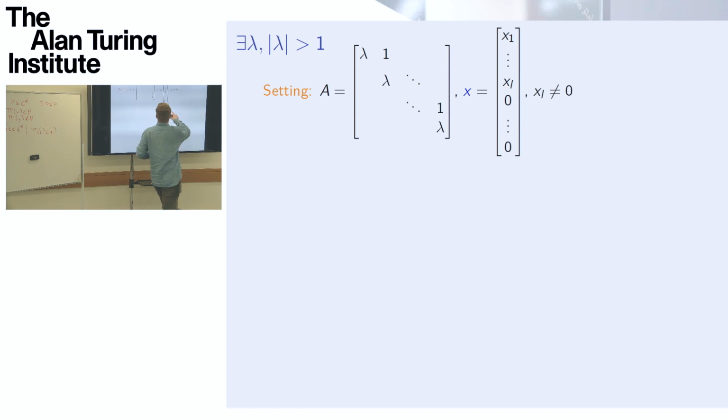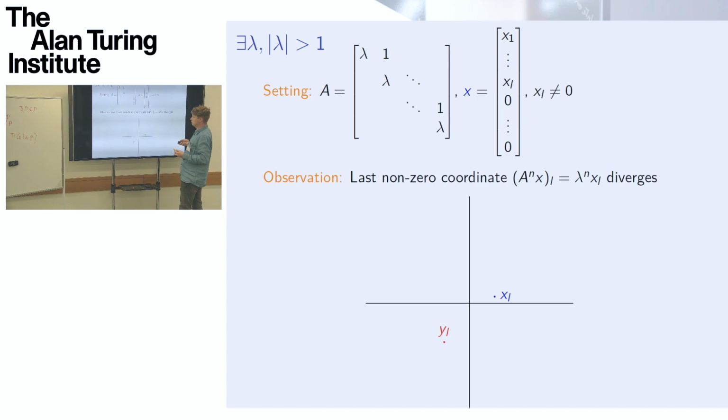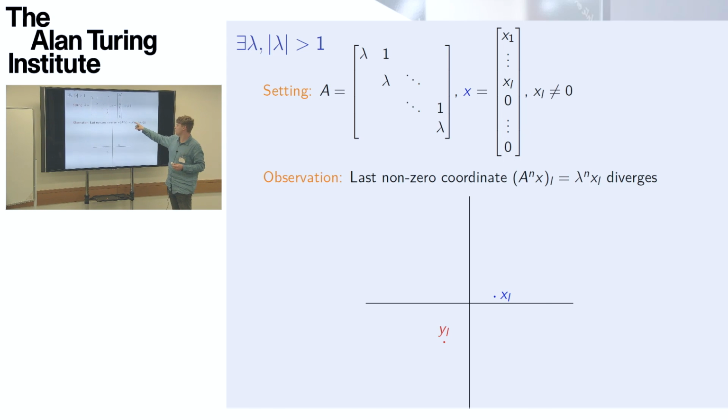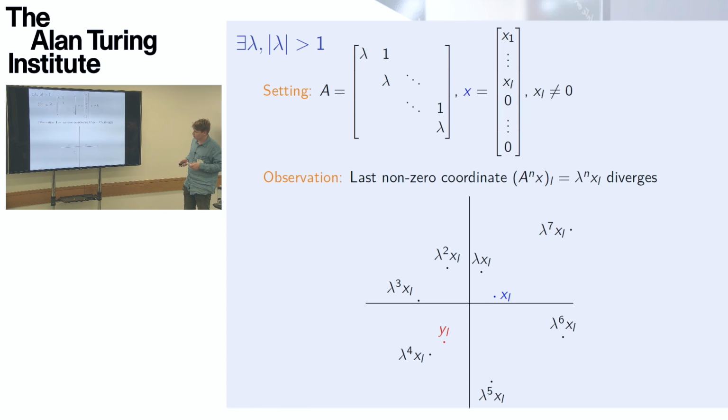Well, if I work in coordinate L, then A^n x at coordinate L is just going to be this, okay? Because the 1 will be facing a 0. I have what I call a diagonal behavior on this coordinate, meaning that when I apply the matrix, I just multiply by lambda^n, okay? So what happens? Well, we have a little picture here. So this is the orbit.